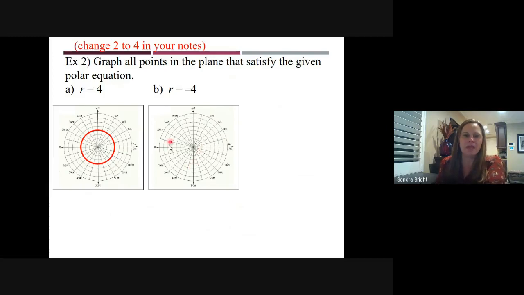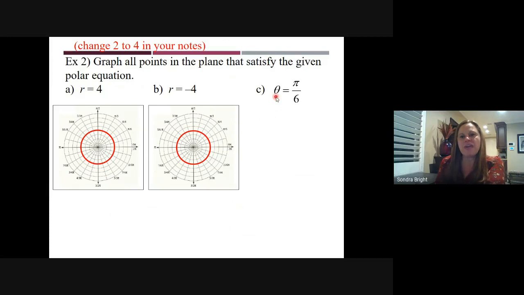And at pi, a -4 would have meant you would have come over here. And at 3 pi over 2, -4 means go in the opposite direction. So it turns out that you still have a circle with radius 4. Doesn't matter if your r is positive or negative, you've got a circle of radius 4.